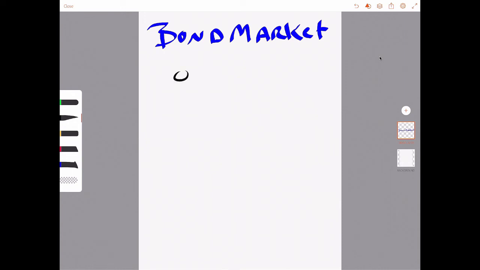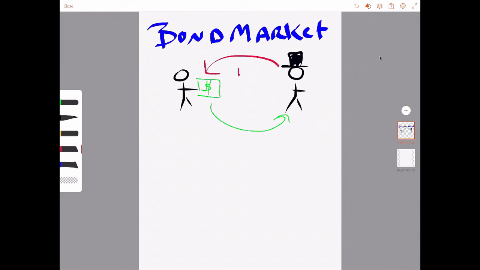Basically, here's how it works. Here's you, and you have some money. And here is a company over here. They want your money, and you give it to them. Now, you may say, well, that seems foolish. Why would I give them my money? And the answer is because in return, they give you a bond.